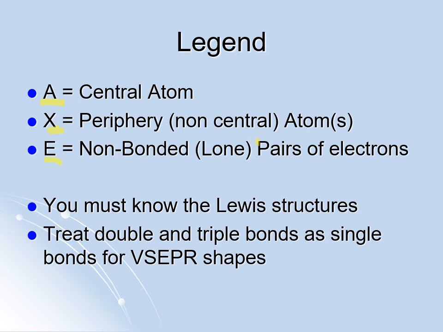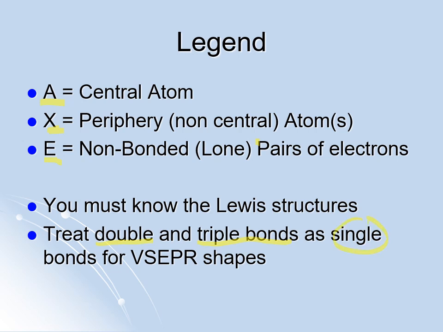So you have to be able to draw the Lewis structures in order to figure out how the atoms are arranged without particularly paying attention to the shape. And then applying the VSEPR rules will allow us to come up with a specific shape for that molecule. And one thing to note is that double and triple bonds are always going to be treated as if they are a single bond.